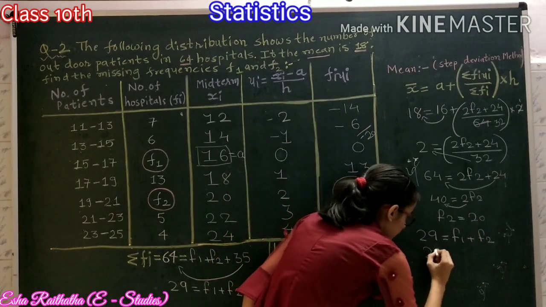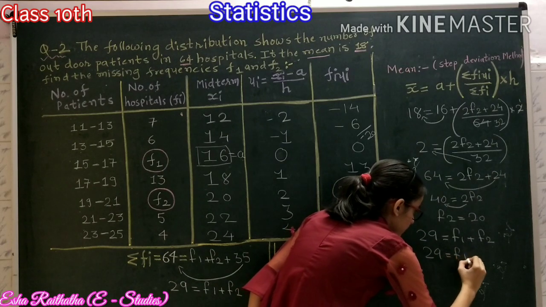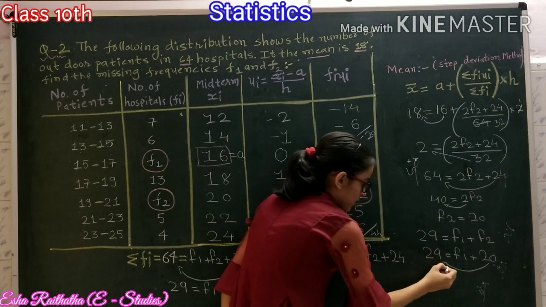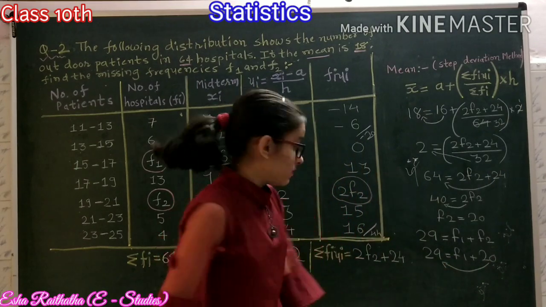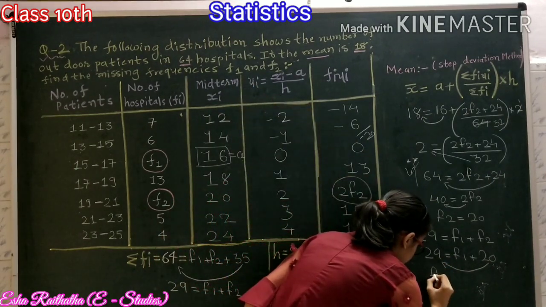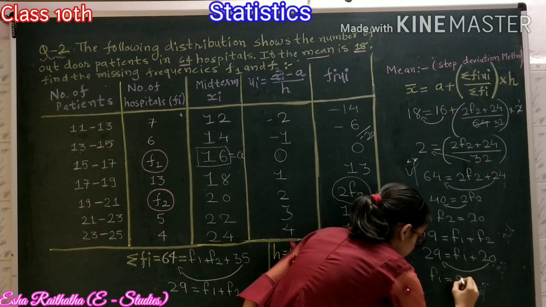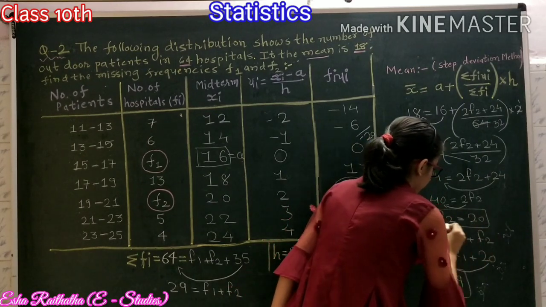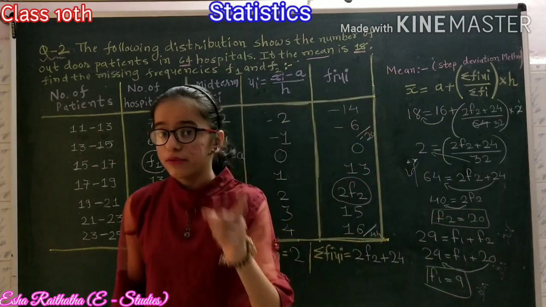So 29 is equal to F1 plus 20. As 20 goes to the other side, F1 will become 9. F1 is equal to 9. So here, guys, we have found both the frequencies, F1 and F2.